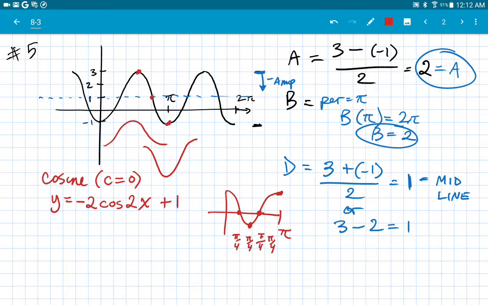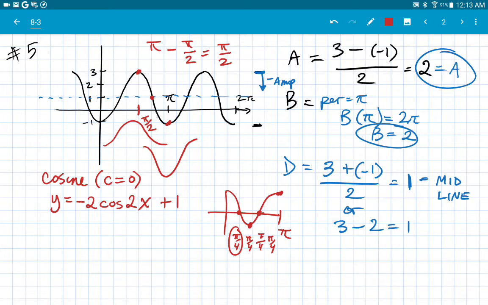Now, I see here that I definitely know that this is pi. I have 2 important points in the way, so I have to go back 2 important points. So if I take pi and I subtract 2 of my pi over 4s, that's the same thing as pi over 2, then I will be at a value of pi over 2. And that actually does make sense, right?